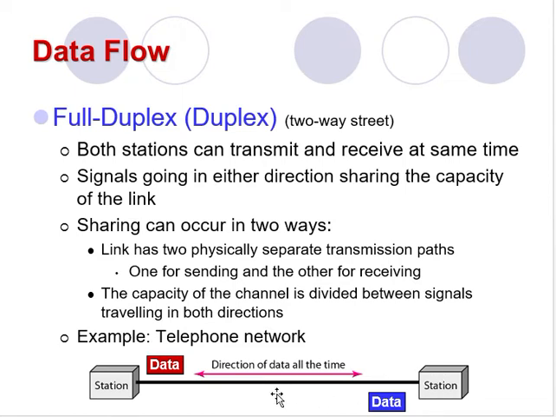The transmission link must have two transmission paths that are physically separated, one of them for receiving and the other one for sending. These are two transmission paths. Or, the link can divide the capacity between the signals that travel in either direction.